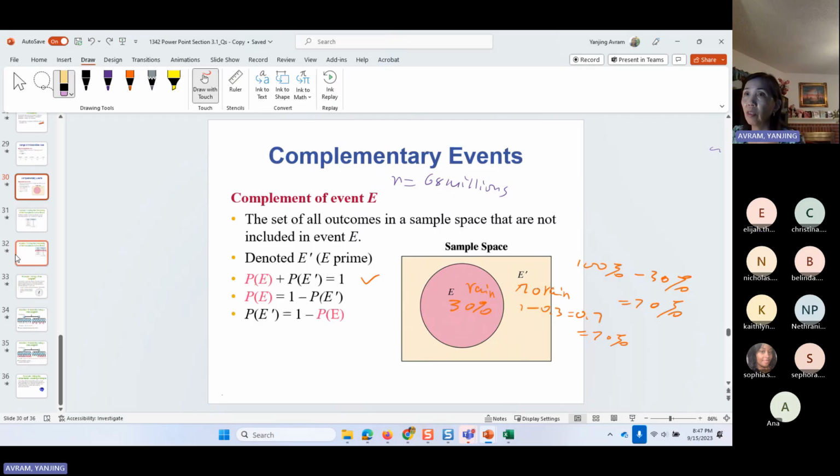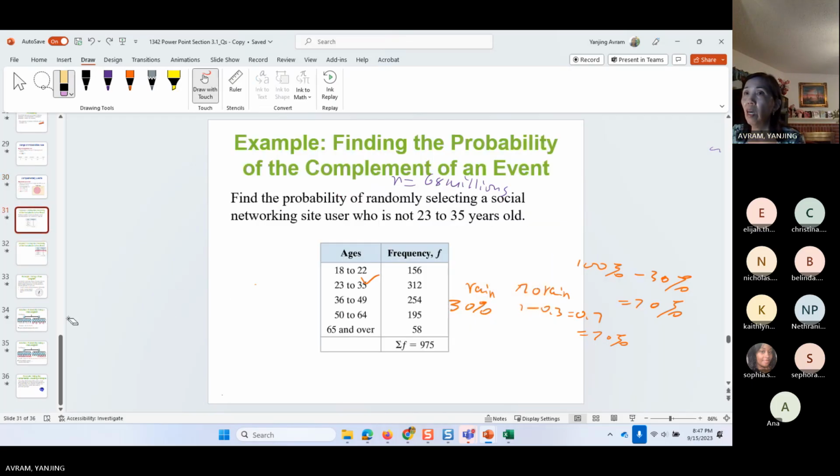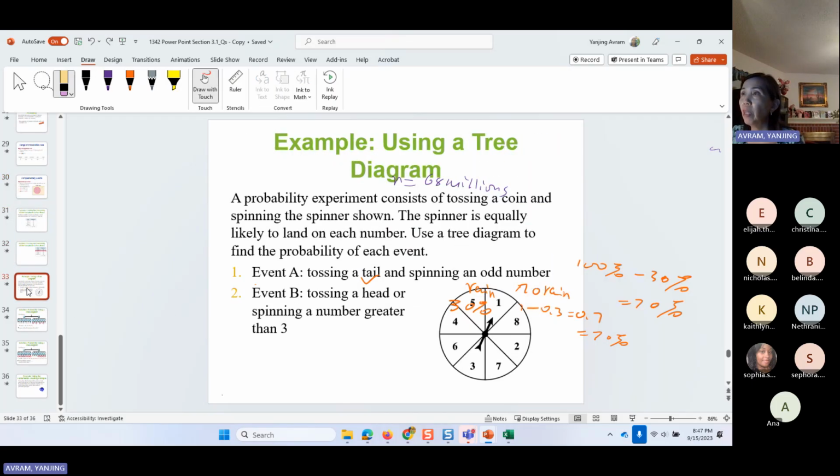Okay, I have to figure out this one later on. Okay, so let's look at using a tree diagram. Let me go ahead and open the other one so you're not bothered by this one right here.